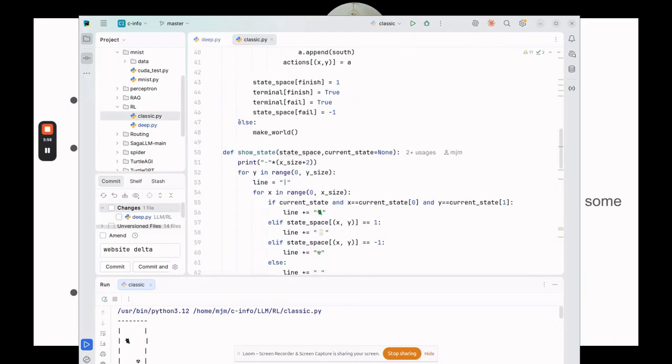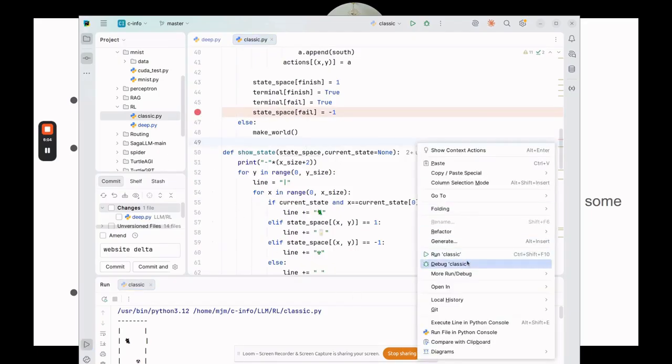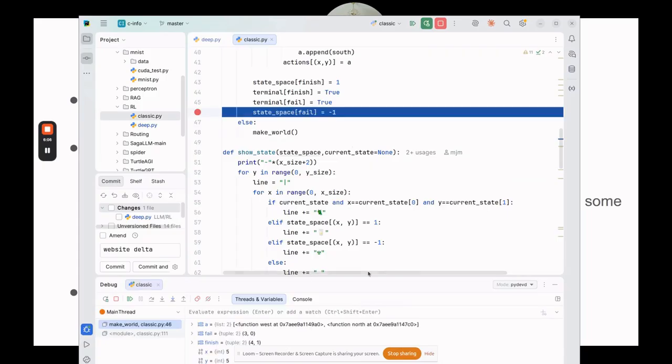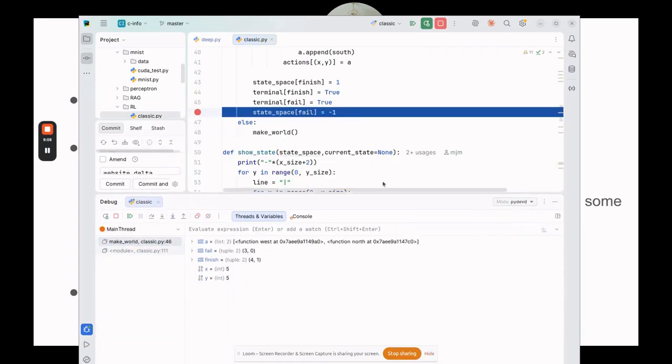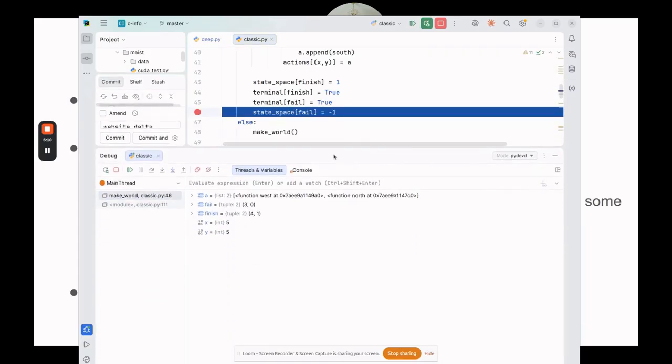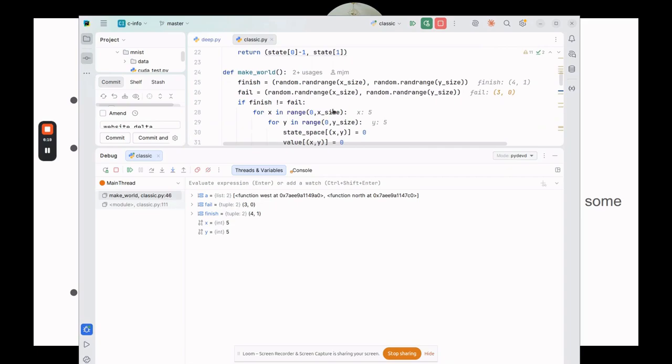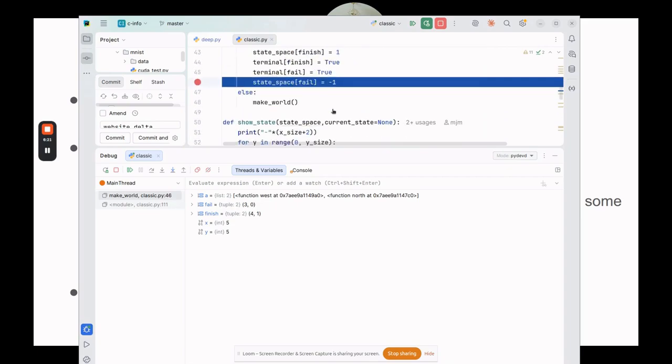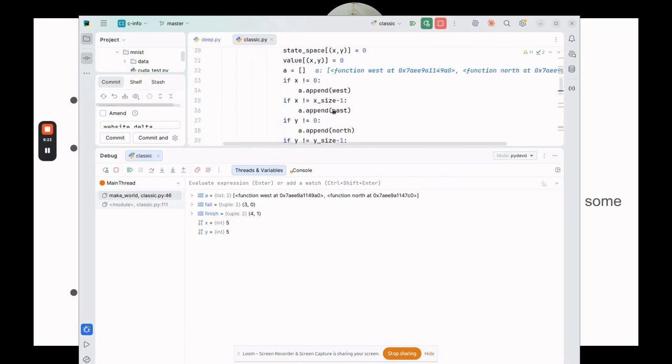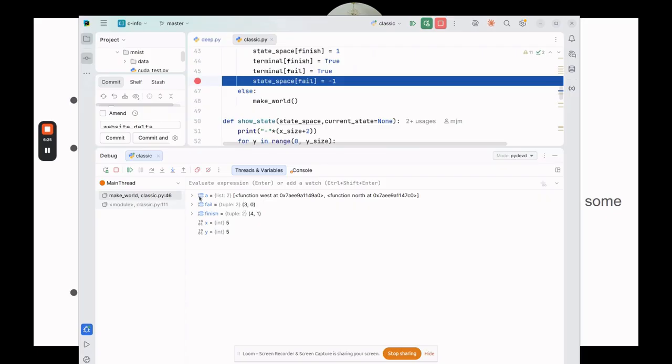Let's breakpoint it there, and then we'll do a debug so we can look at this. Okay, there we are. So this right here, what do we got here? The world.